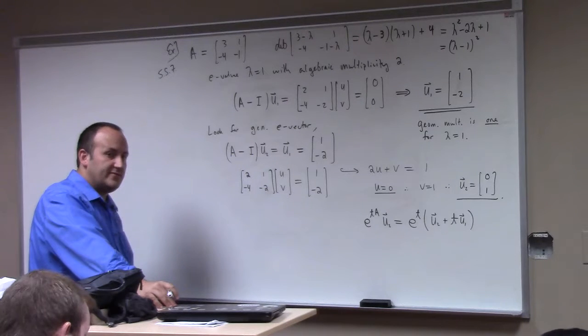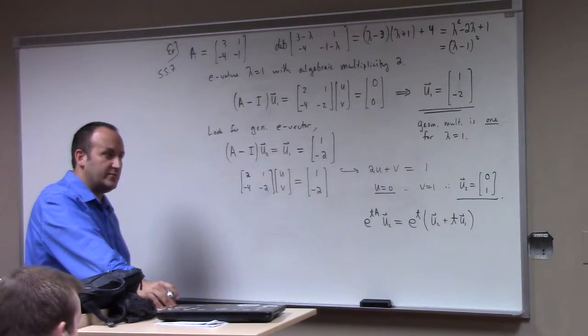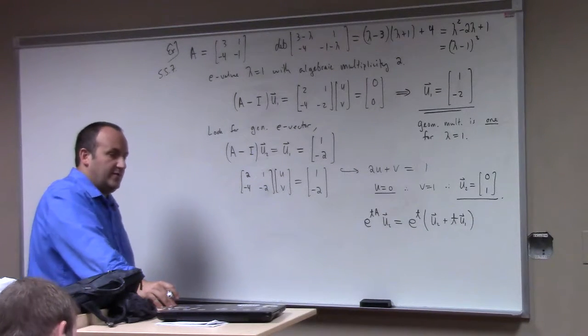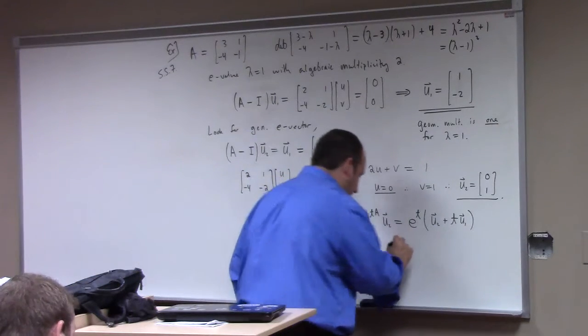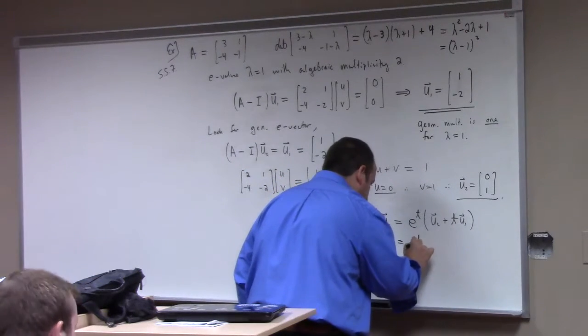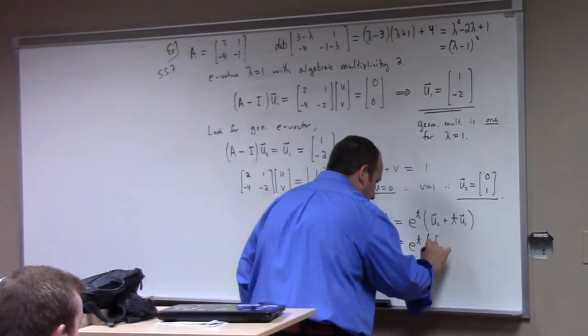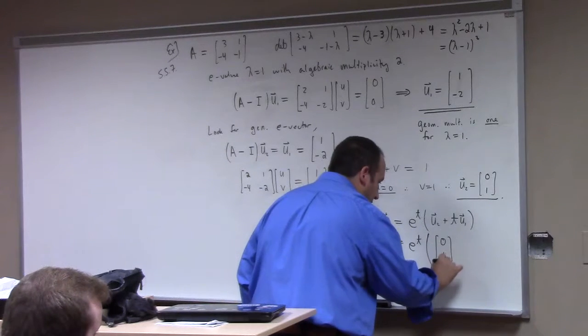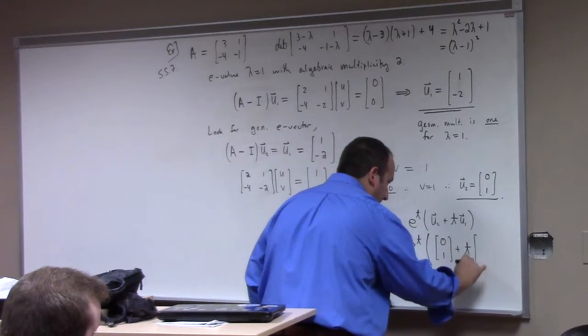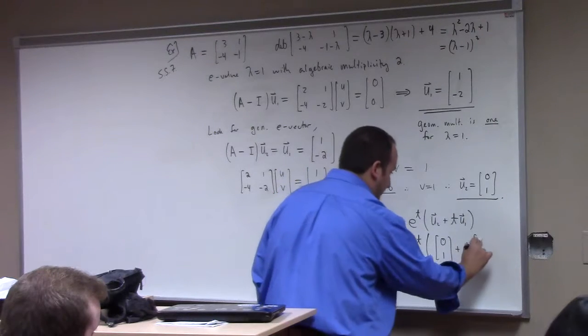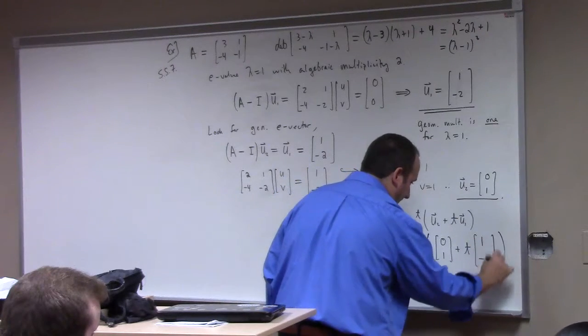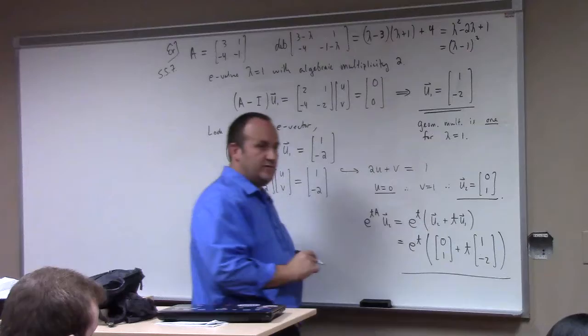And that's all that survives in the magic formula, just those two terms. But we can be more explicit, right? This is equal to e to the t times what was u2? It was (0, 1). And then I've got plus t times my u1, which was (1, minus 2). So that is the solution that we were missing.